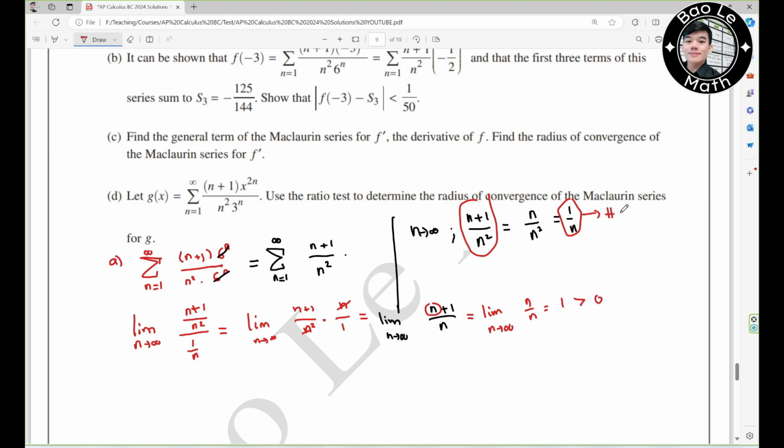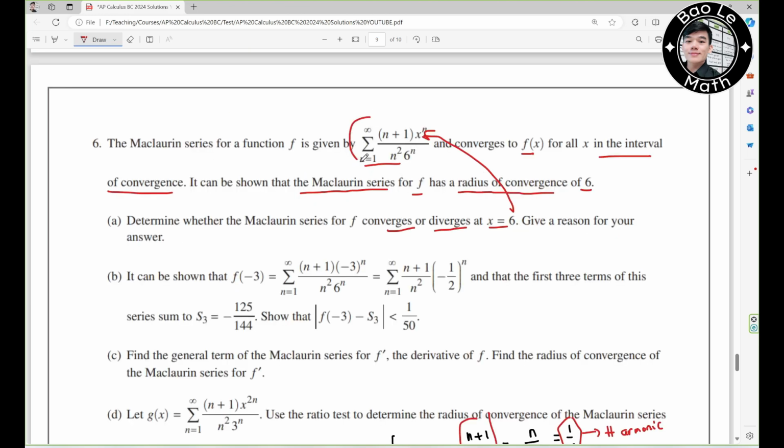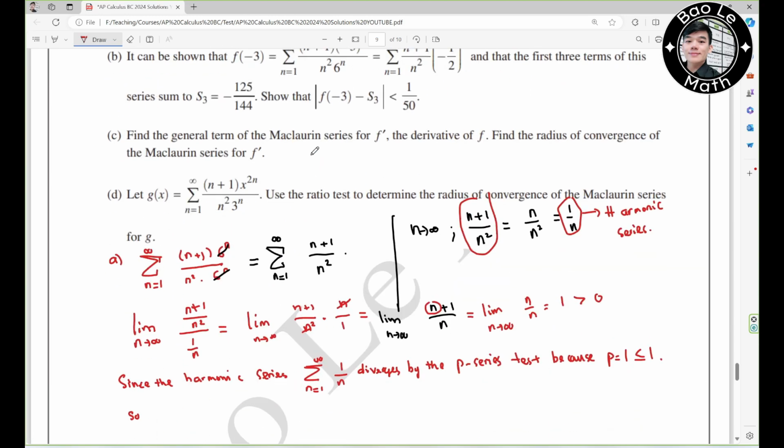This guy's the harmonic series. Since the harmonic series diverges by the p-series test because p equals 1, which is less than or equal to 1, this one is divergent at s equals 6.